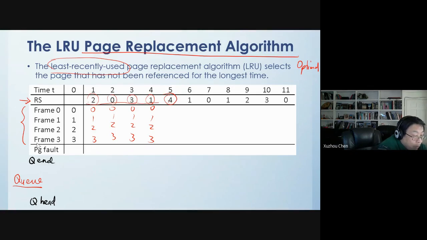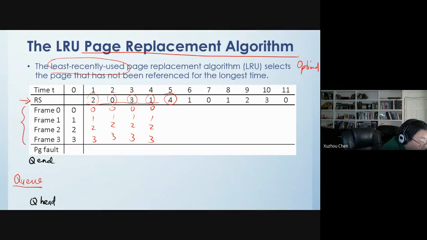Now, for the optimal, because we already know the reference string of pages, and pages 0 to 3 are already loaded, if the instruction of the next page is called, and we have a page reference for 2, the operating system is going to check whether page 2 is in the physical memory.